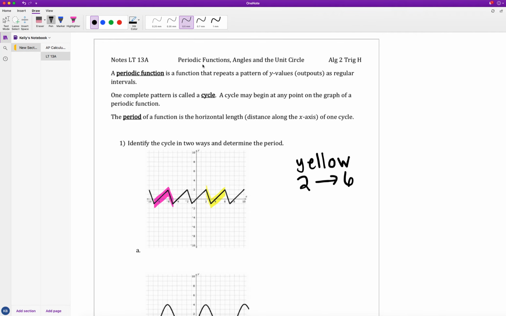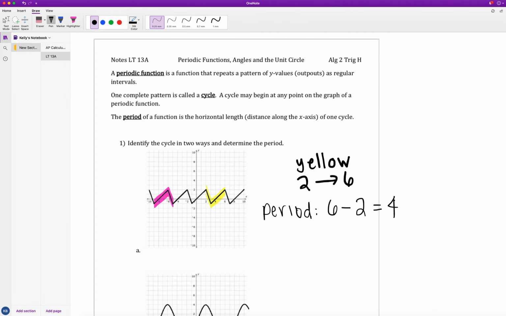If I want to figure out the distance of that, the period for this is going to be my final x value minus my initial x value. So our period length there is 4 for the yellow one.